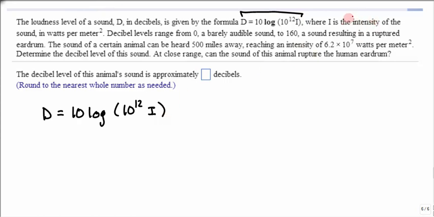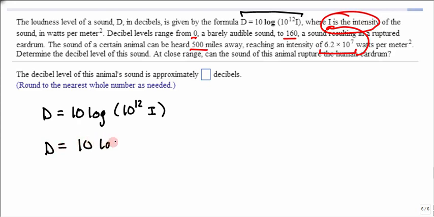I represents intensity. Decibel ranges from 0, which is barely audible, to 160, which can rupture your eardrum. This says the sound of a certain animal can be heard 500 miles away. So I wonder if this 500 is a useful number or not. Reaching an intensity of 6.2 times 10 to the 7th. Well, that is our value for I here. That's the intensity. So let's go ahead and plug that in.